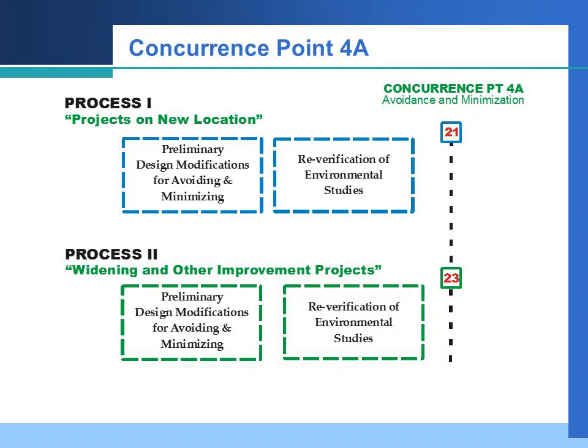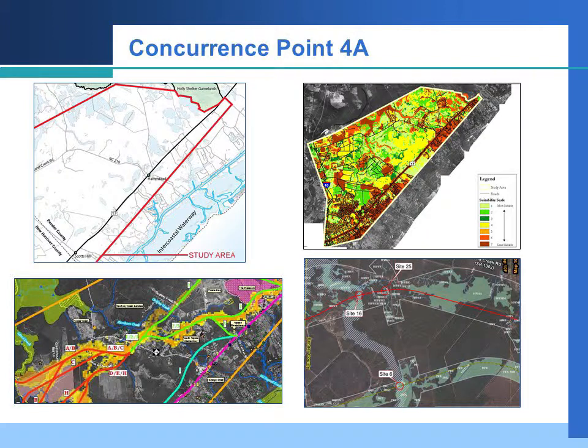For Process 1, Concurrence Point 4A confirms a best fit for the road within the corridor established in Concurrence Point 3. Avoidance and minimization has been part of the project development process since Concurrence Point 1.